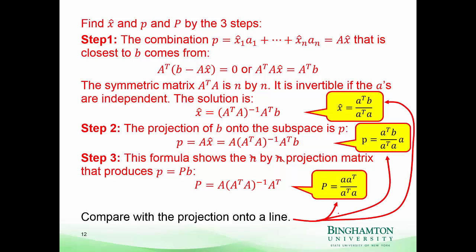Now let's compare this with what we saw for the line case. So here we can see that we've got the same kind of thing if we think of the little a playing the role of the big A. But notice that here we've got a transpose a down in the denominator. That's because that is a scalar, and inverting a scalar is just forming its reciprocal. Here we cannot put it down in the denominator because it's a matrix. There's no concept of dividing by a matrix.